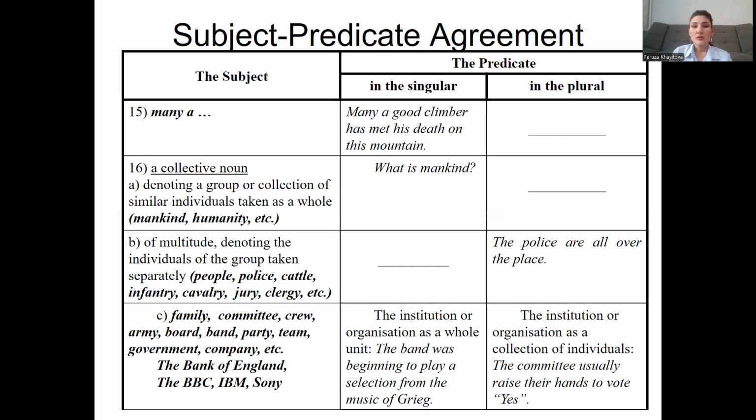The institution or organization as a whole unit: "The band was beginning to play a selection from the music of Grudge." In the plural way, the institution or organization as a collection of individuals. For example, "The committee usually raise their hands to vote yes."